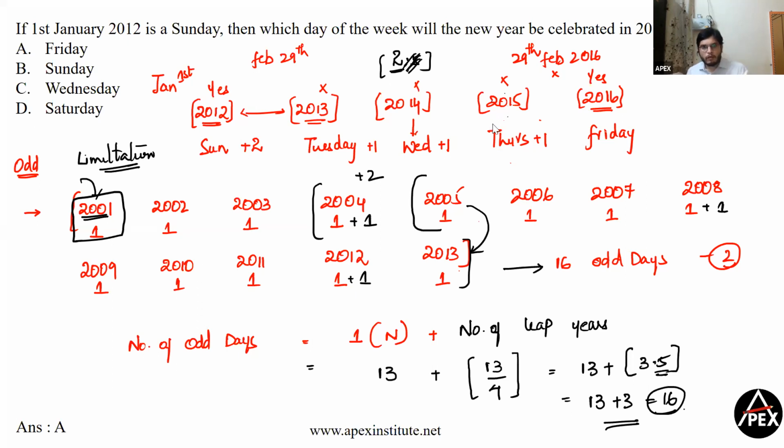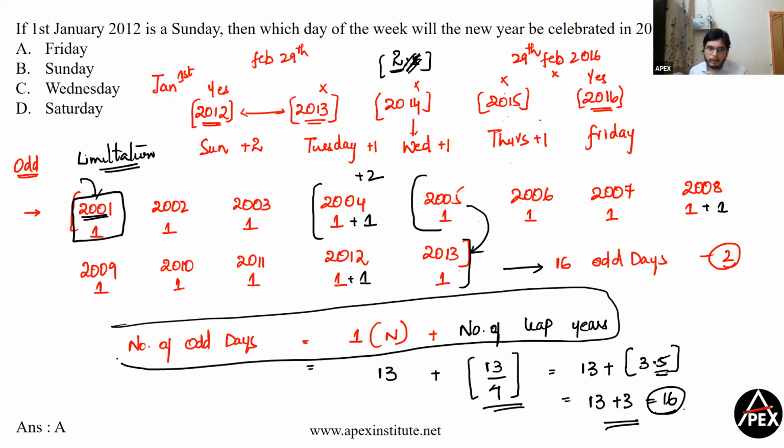Now we will be using this. This will be used only in one model. I will tell you where. But did you understand why we have done this? Yes or no? If you are asked to determine the number of odd days from 1897 to some year, and you have a century year in between, then consider from 1901 and find the number of odd days.